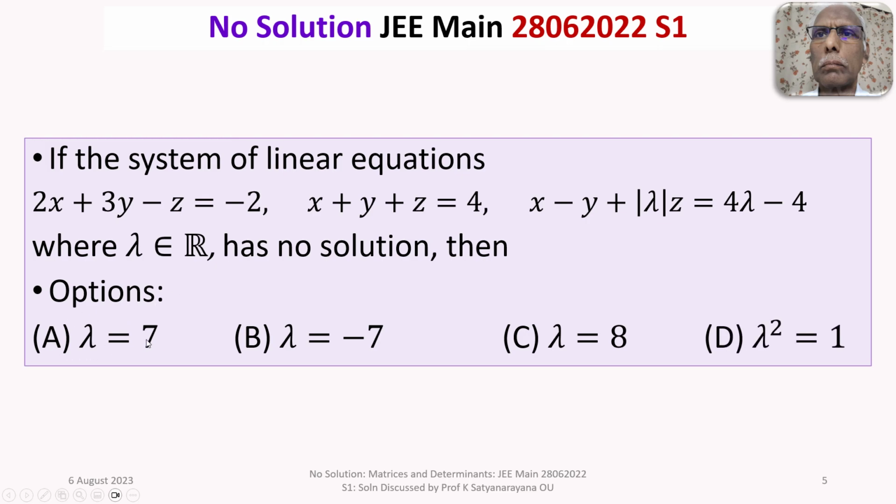Option A, lambda is equal to 7. Option B, lambda is equal to minus 7. Option C, lambda is equal to 8. Option D, lambda square is equal to 1.